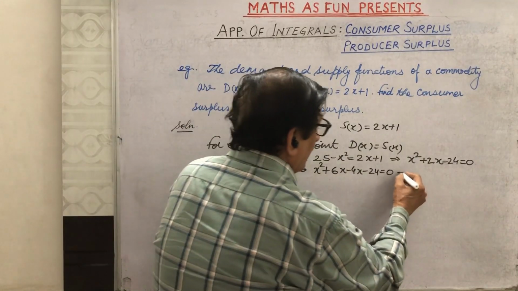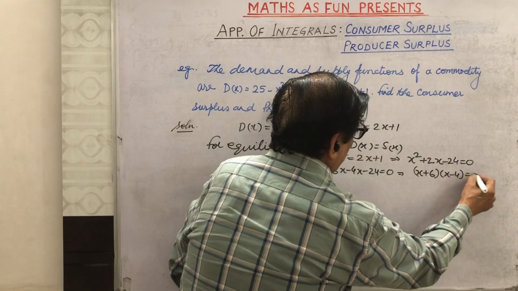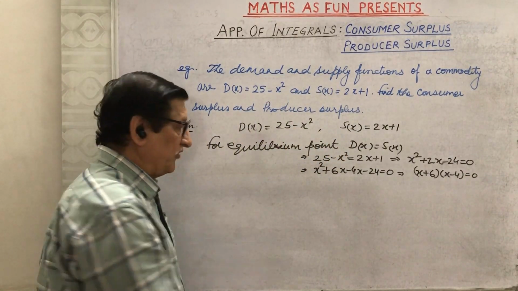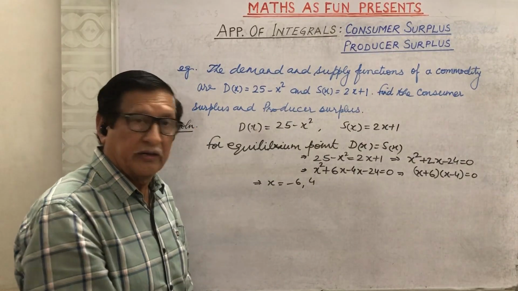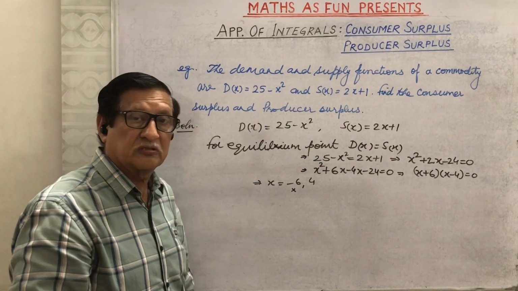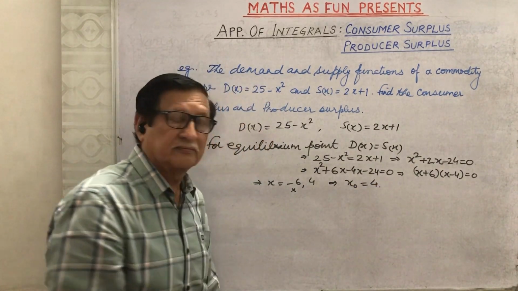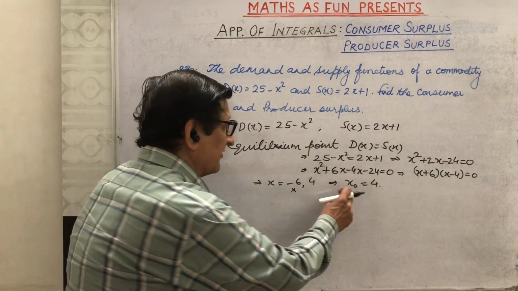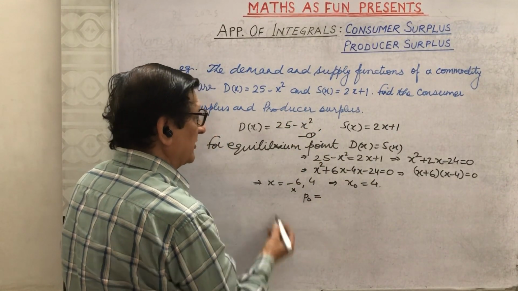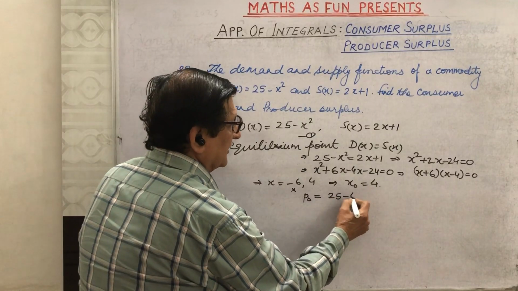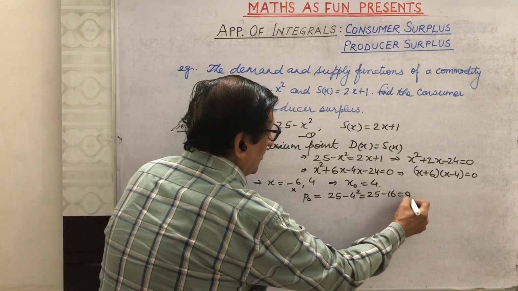Taking common, we are getting the factors as (x plus 6) into (x minus 4) equal to 0, which gives us the value of x as minus 6 and plus 4. Negative cannot be the value of this. It means we are getting x0 equal to 4. Now putting the value in equation 1, we are getting P0 will be equal to 25 minus 4 square, that is 25 minus 16, or we can say 9.